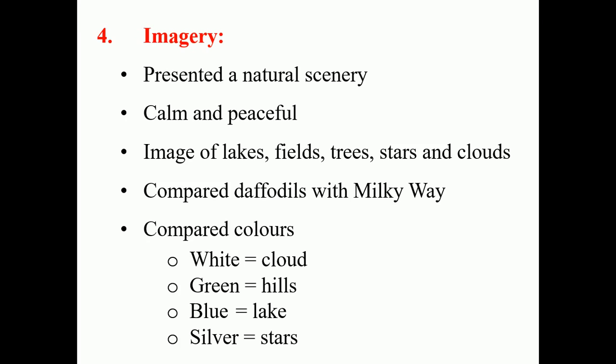And when we look at the hills, it's full of green. And when we look into the lake, blue is there. Then stars, of course, it's silver. So these kinds of colors he used with images like lakes, trees, stars, clouds, etc. And these are the different points related to the imagery which the author used in this poem to beautify it, to make a very important or deep impact in the mind of the reader.